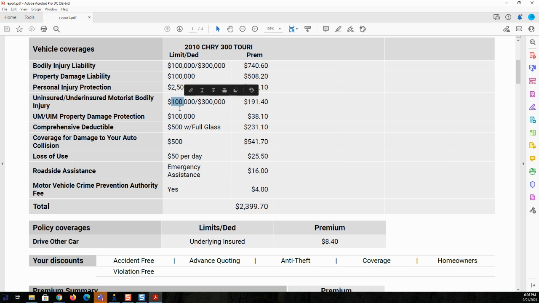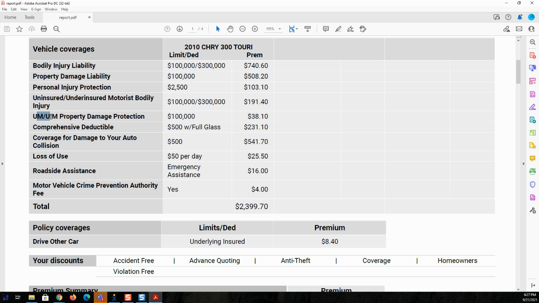But let's say you had $150,000 in medical expenses. Well, their insurance would pick up 50,000 and Safeco would pick up 100,000. Now let's say you had 200,000 in expenses. You would have $150,000 covered and the other 50,000 would be out of pocket. So it's important to remember how raising those limits really affects your coverage.